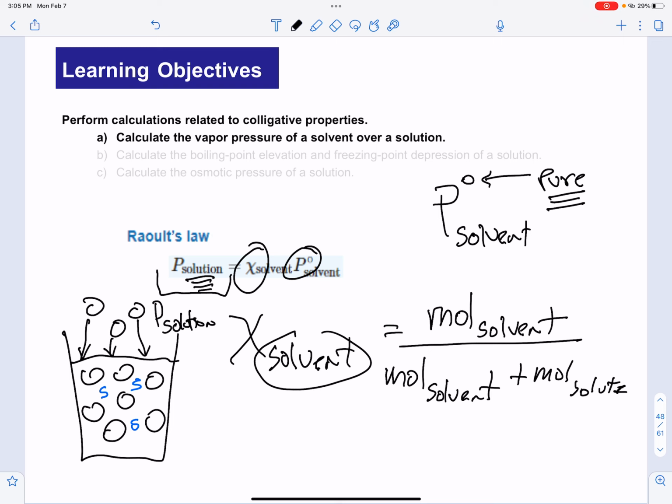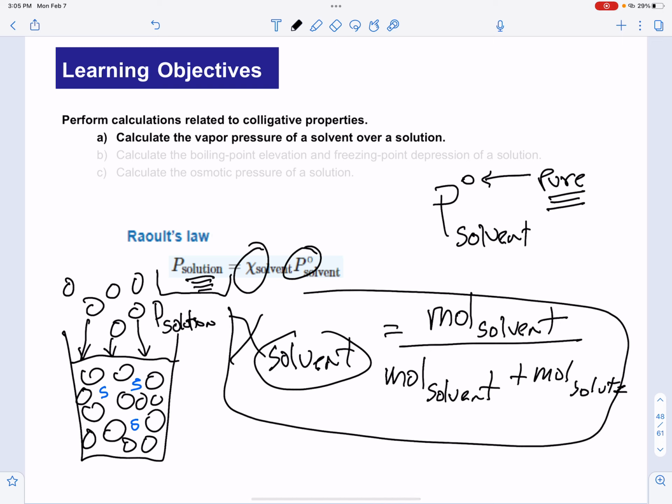So does it make sense that the more molecules of water I have, the more of them I will find there? Yeah, it makes sense. The more you have, the higher the possibility that they will escape, right? So that's why the mole fraction is important. The higher the mole fraction, the more molecules of the solvent you have, so the higher the pressure should be.